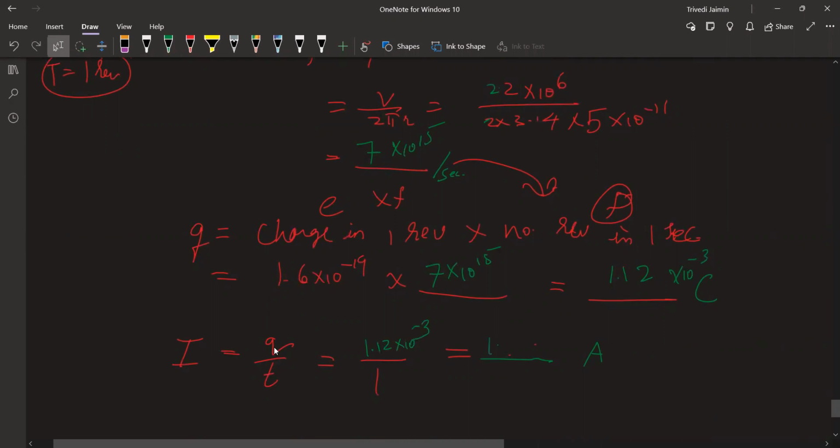That is, answer is 1.12 milliampere. This is your final answer.